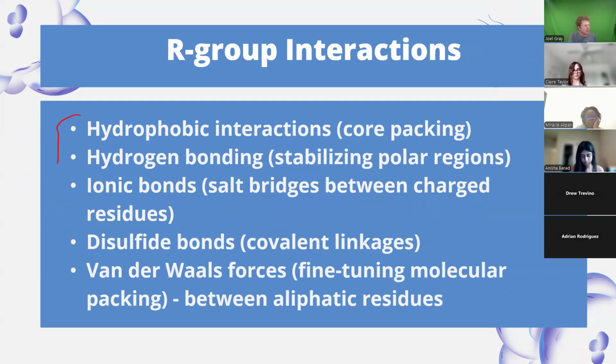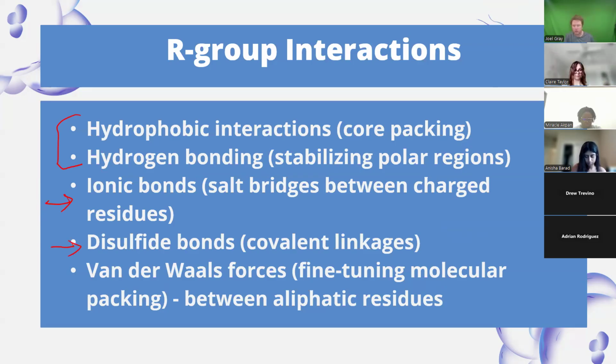Now, I like to bring up these two first because I like to think about these two types of interactions as being relatively weak. If you compare hydrophobic interactions to ionic bonds, ionic bonds are super strong.